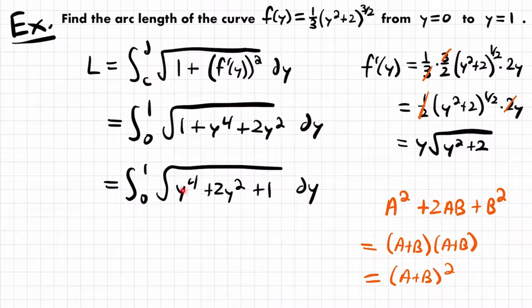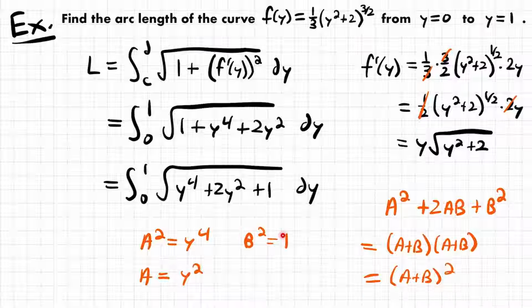If we let y to the fourth power be equal to a squared, so we'll have a squared is equal to y to the fourth power, and we take the square root of both sides, that means that a is equal to y squared. And we let b squared be equal to 1, so we'll have b squared is equal to 1, and then if we take the square root of both sides, we have that b is equal to 1.